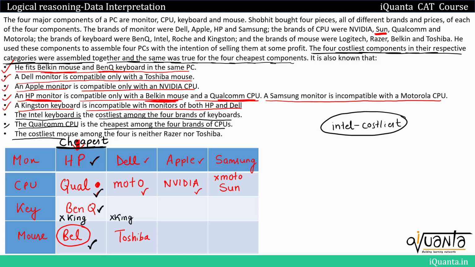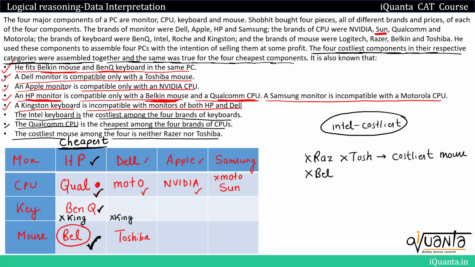Then the next clue is the costliest mouse among the 4 is neither Razer nor Toshiba. So it has been given that neither Razer nor Toshiba are the costliest. We also know that Belkin is the cheapest mouse, so that means Belkin can also not be the costliest mouse over here.